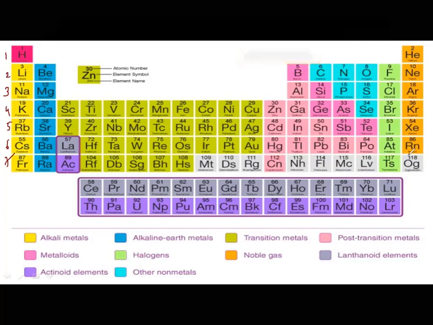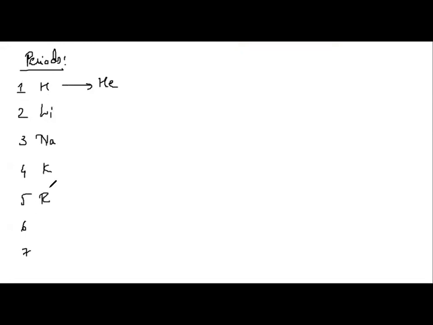And which is the last element? The noble gases. Therefore, I can say there are 7 periods. The first period has hydrogen, and here helium is there. The period starts with alkali metals, lithium, sodium, potassium, rubidium, cesium, francium, right?